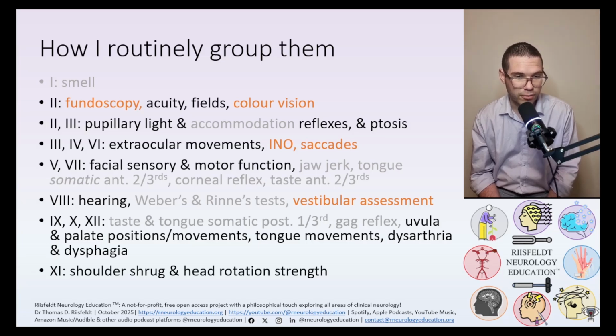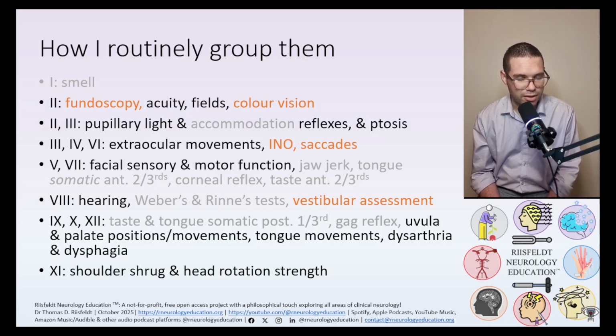Next, I like to group the fifth and the seventh nerve together in terms of testing facial, sensory, and motor function, and if indicated, a jaw jerk, tongue somatic and taste sensation to the anterior 2/3, and the corneal reflex. Then 8 is tested on its own with gross assessment of hearing, followed by Weber's and Rinne's tests if indicated, and vestibular assessment.